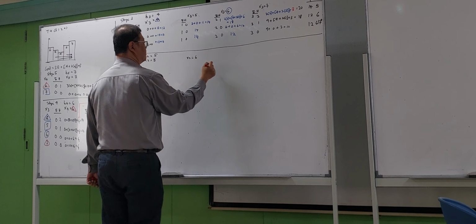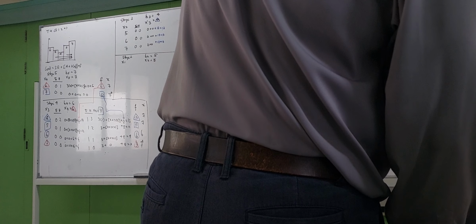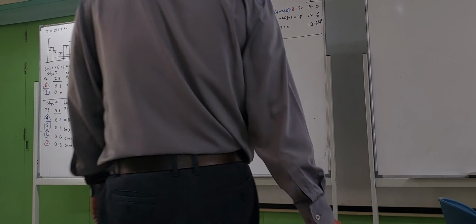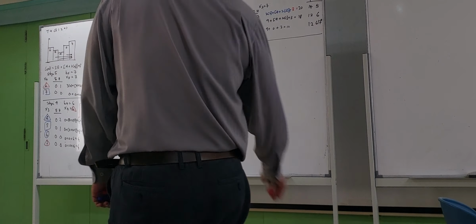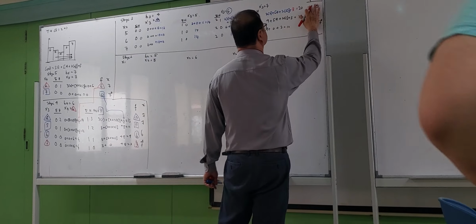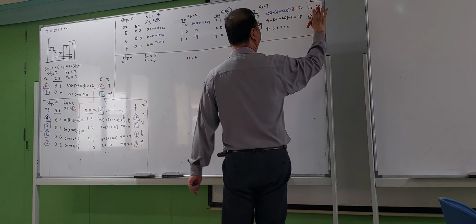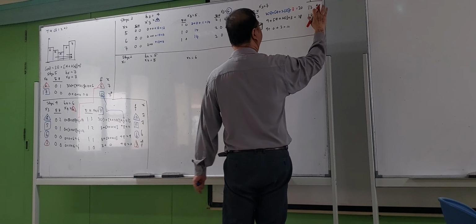This one drop. Oh, this is lower. Corresponding. 3 not 5, 4. Right?